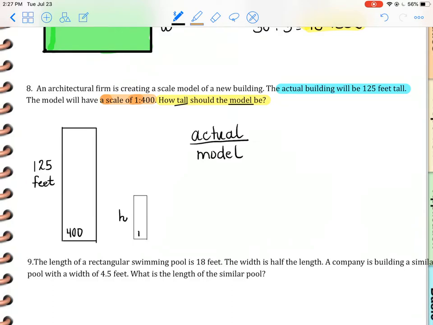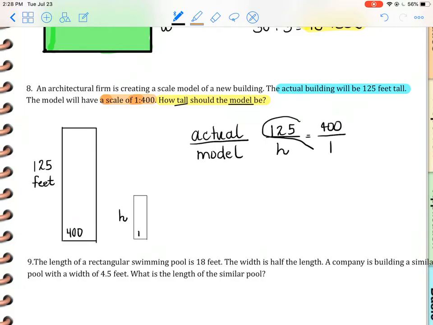You could reverse those and be fine. So the actual building is 125 feet. We don't know the model's height, but we know that the actual building is 400 times the model. We know the scale.